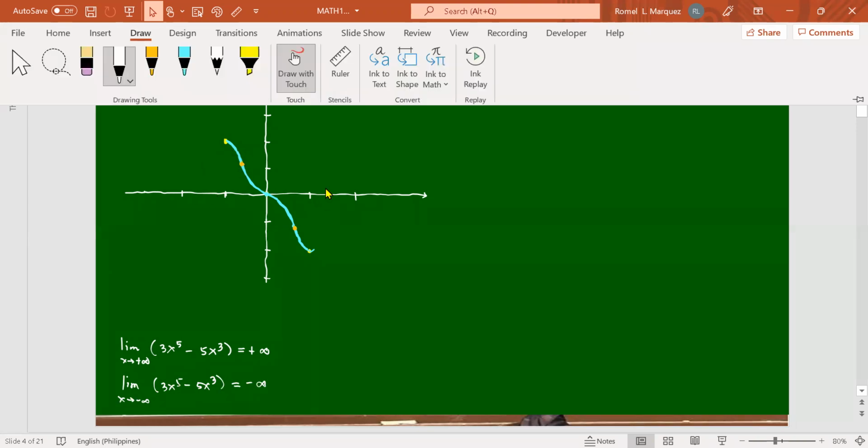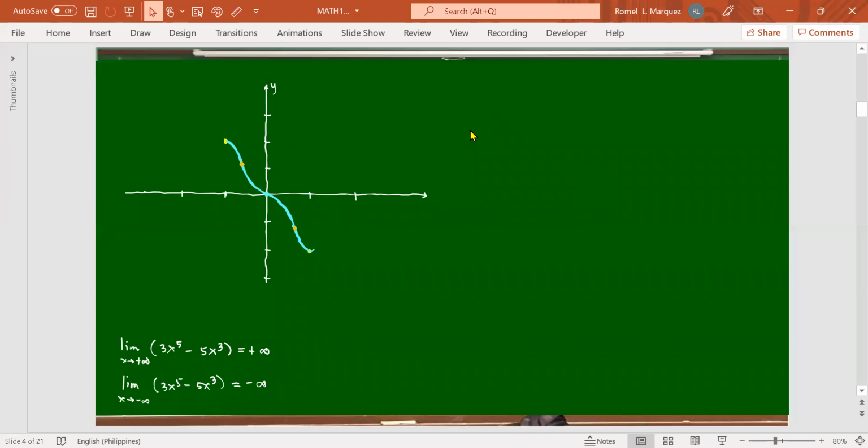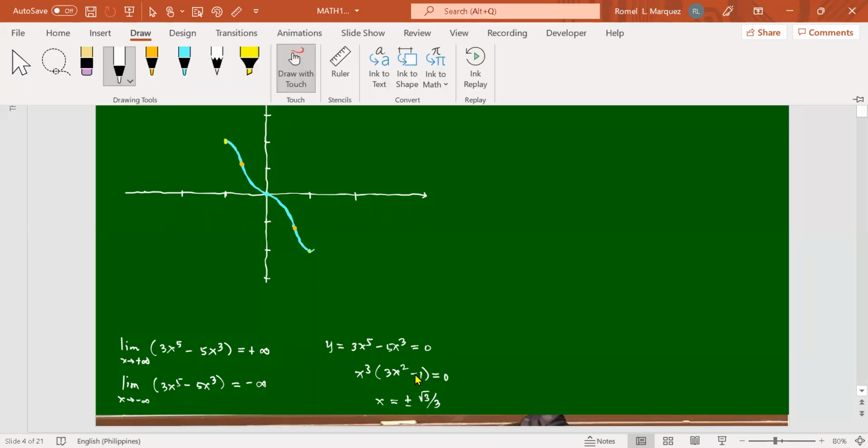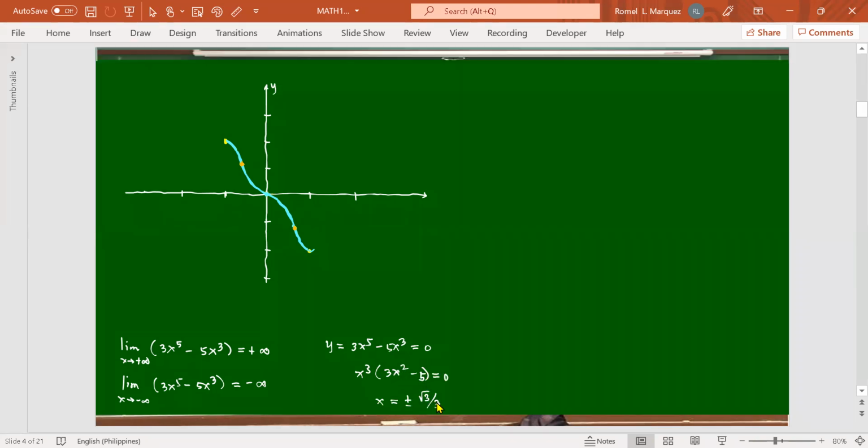Now, but it will intersect the x-axis. Can we find that mentally, guys? The intersection with the x-axis. When y is 0, so that is 3x to the fifth minus 5x cubed equal to 0. So x cubed times 3x squared minus 5 equal to 0.